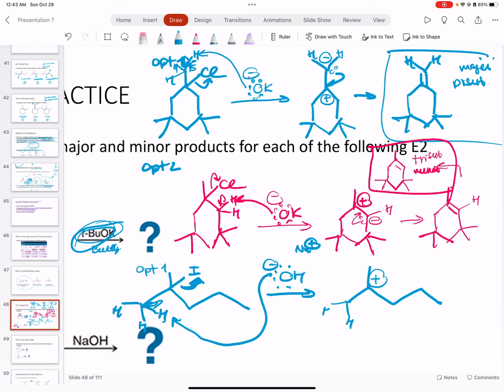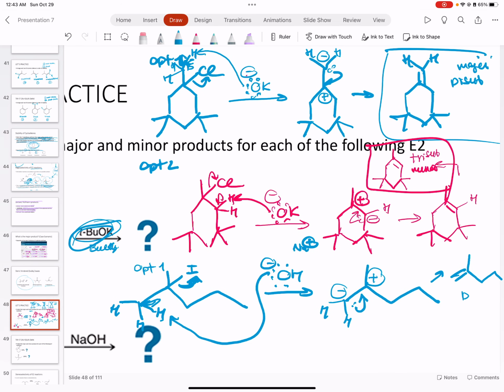This one would end up being negative. And then we're gonna make a double bond with that. Then we would end up with something like this. And then this one is di-sub. Remember, we still have hydrogens, just I'm not really showing them, but they're there.